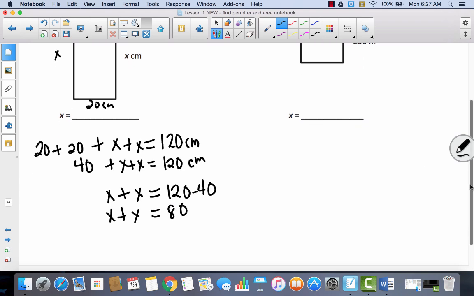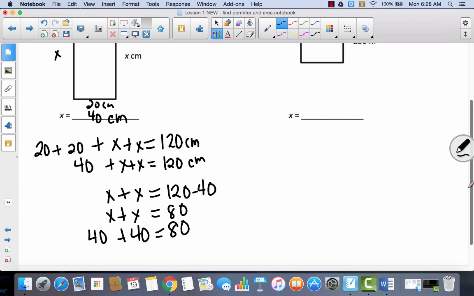So now what does x have to be if when I add it to itself, it's equal to 80? I'm thinking to myself, well, 20 plus 20 is 40, 30 plus 30 is 60, so x must be equal to 40, because 40 plus 40 is equal to 80. So x is equal to 40 centimeters.